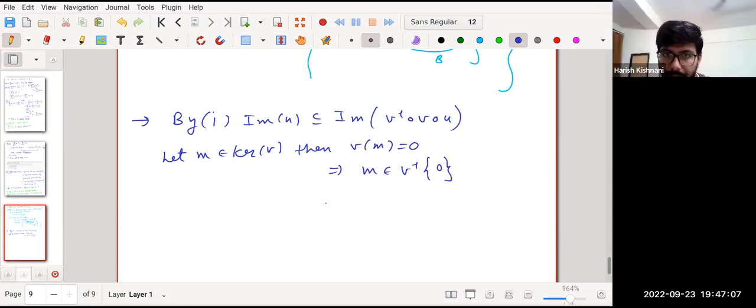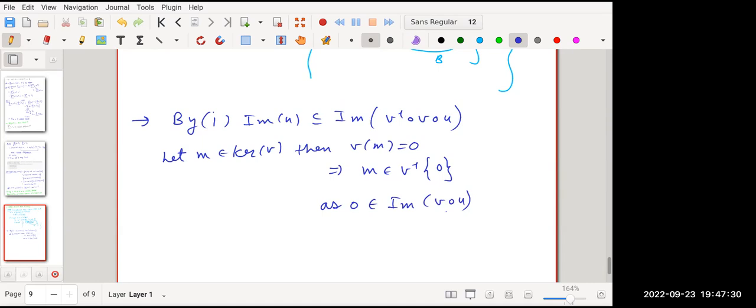And as your 0 is there inside image of V composed U, because for each module homomorphism at least 0 should be there, because 0 is sent to 0 by a module homomorphism. So 0 is always there inside any image.